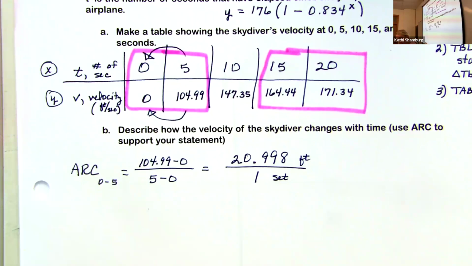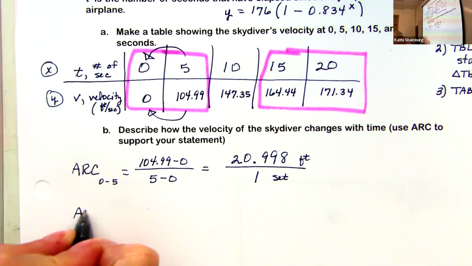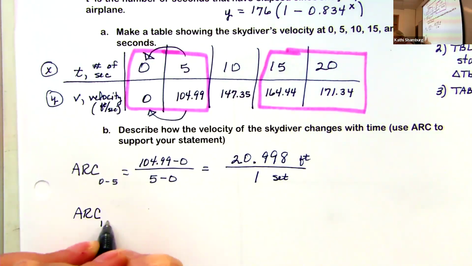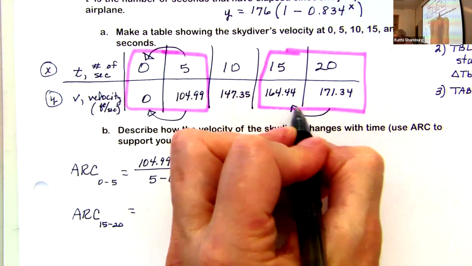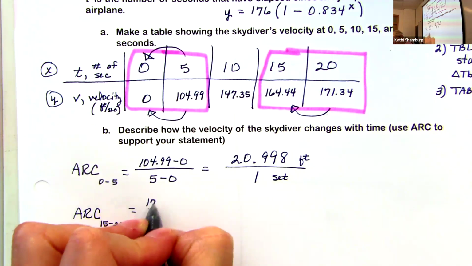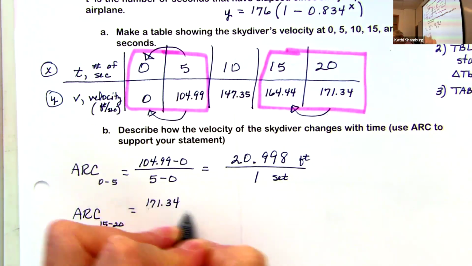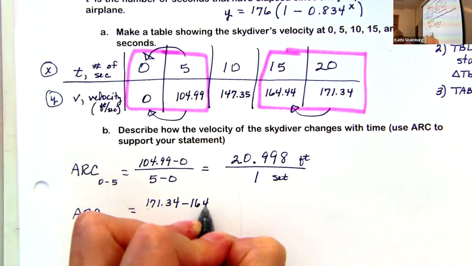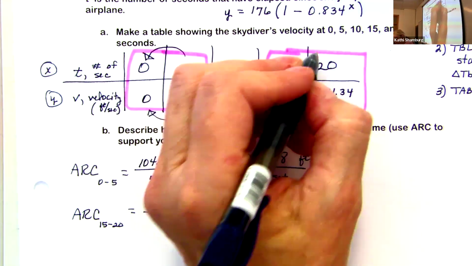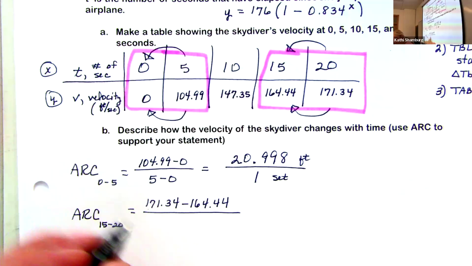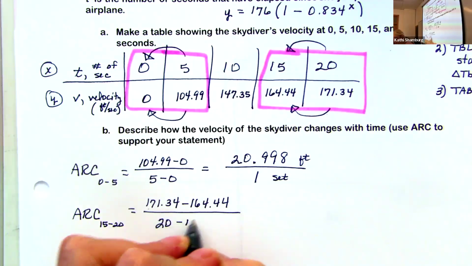All right, then we're going to do the average rate of change from 15 to 20. Change in your function, so this would be 171.34 minus 164.44. Change in variable, 20 minus 15.